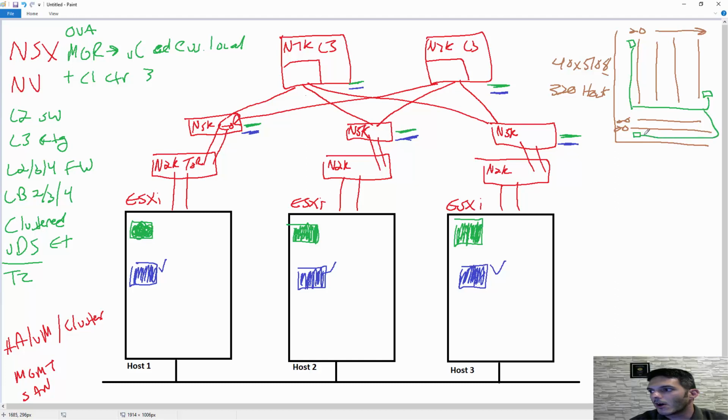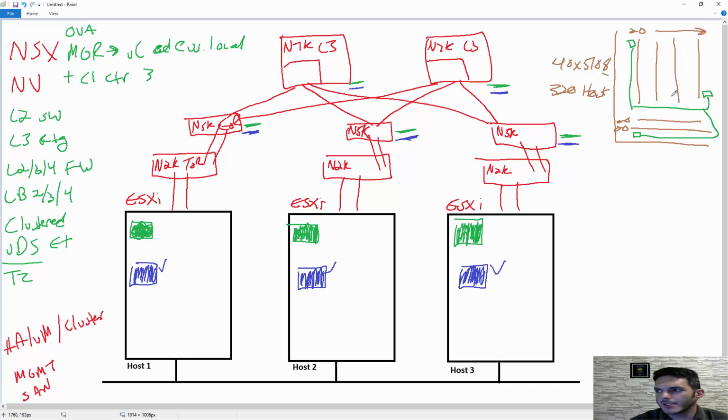Draw a line over here. All that has to be interconnected by the physical infrastructure in some way. Now, that is true 95% of the time in my environment. There are a couple of exceptions where we're GRE tunneling things over and stuff like that, but that's outside of the scope of this conversation.